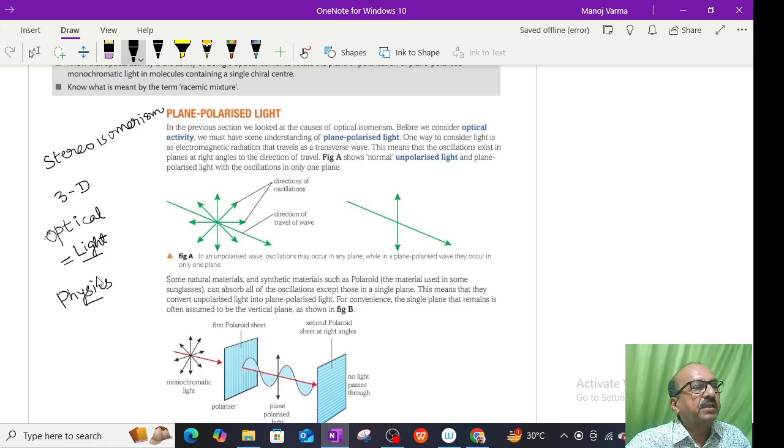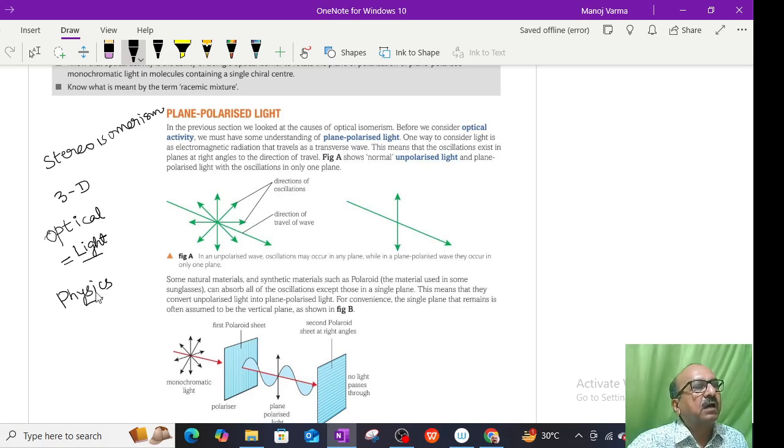Yes, the reason is that we are studying the properties of the molecules with regard to how they behave when light is passed through them. So that's why we have to study optical isomerism in organic chemistry.